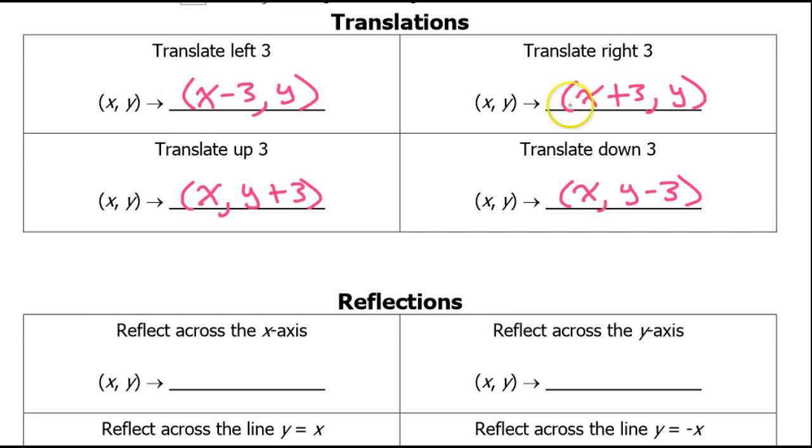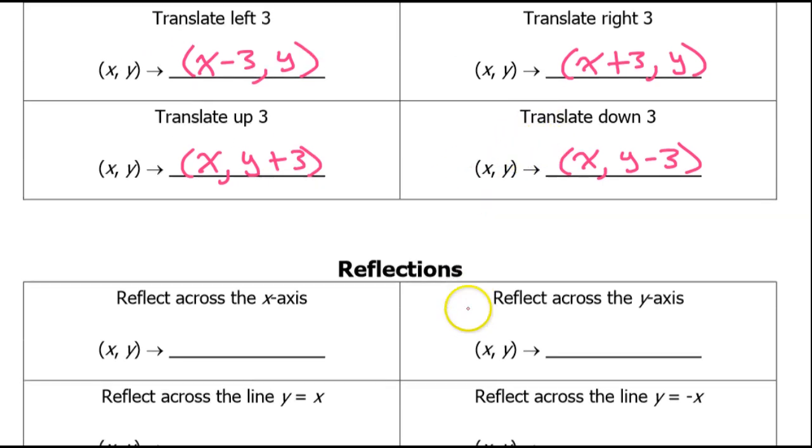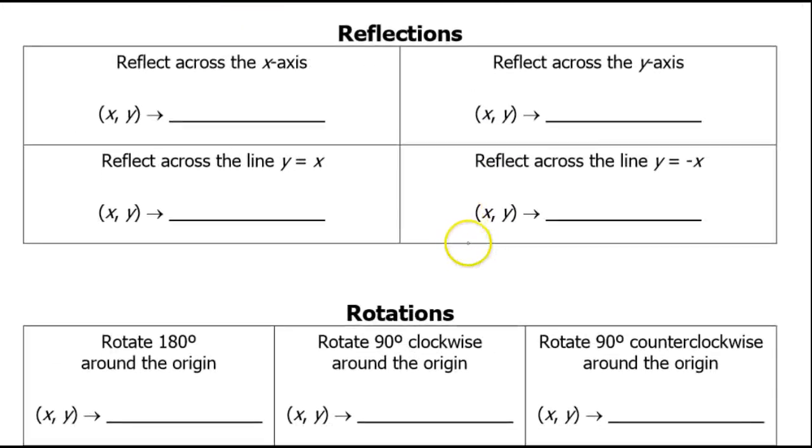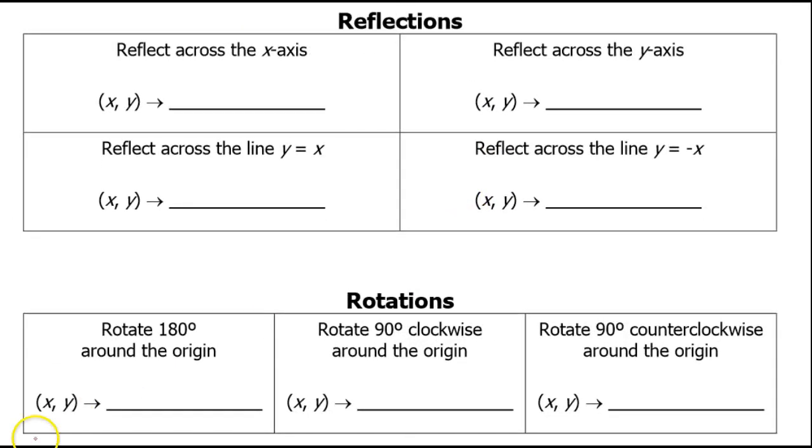All right, so you don't really need to memorize those. It's the next ones that we have to memorize. Reflecting over the x-axis, the rule is x, opposite of y. Reflecting over the y-axis, it is opposite of x, comma, y.